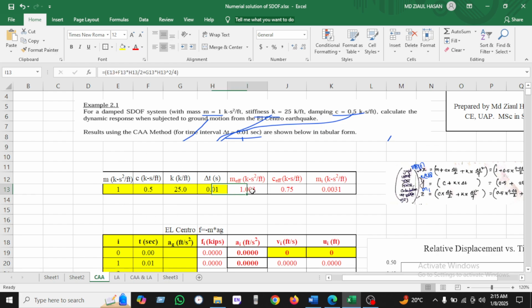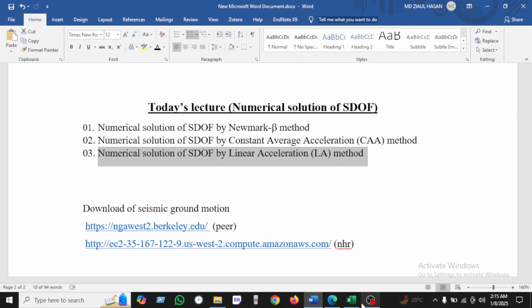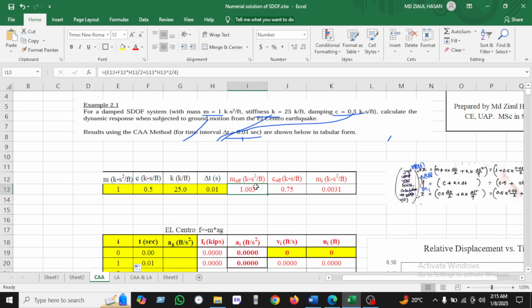Now we will calculate M effective, which is M plus C times delta T by 2 plus K times delta T squared by 4. Putting in this equation, we find the M effective.